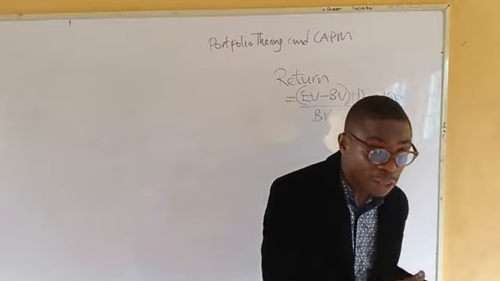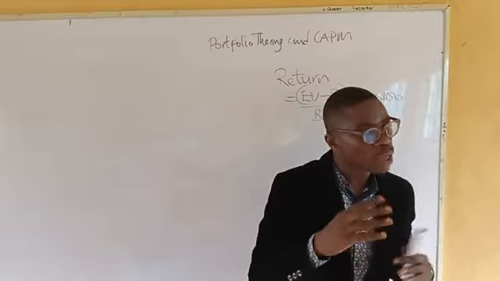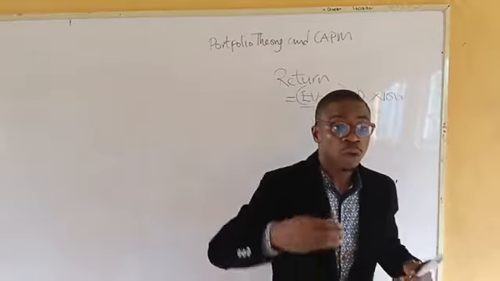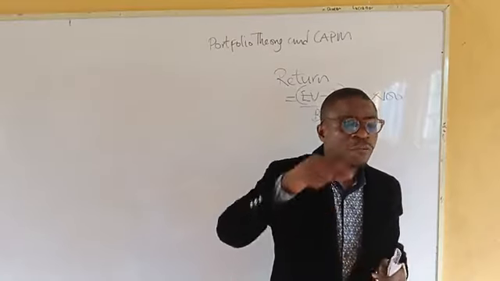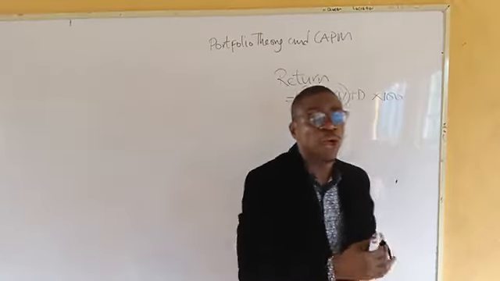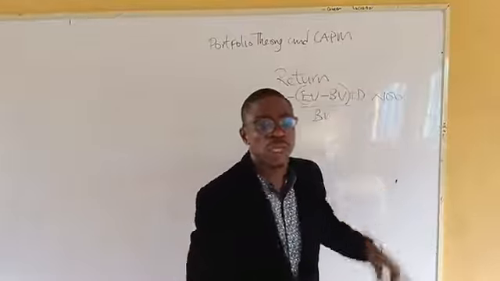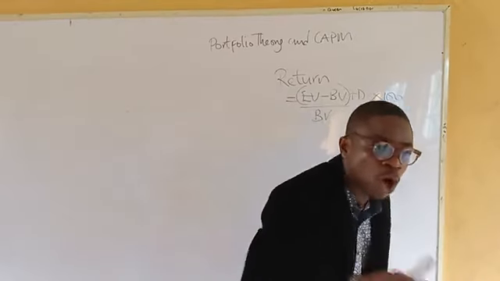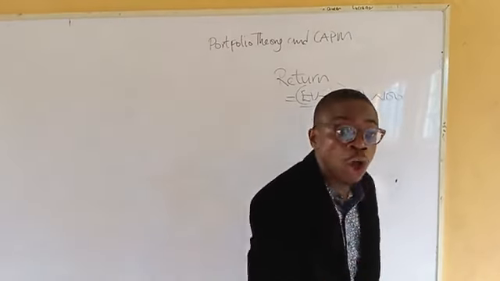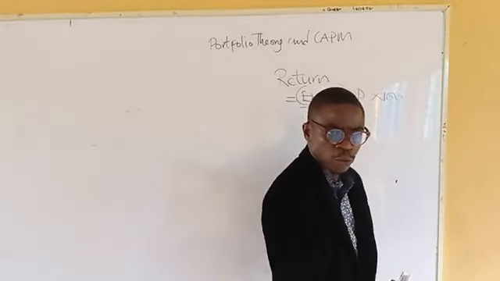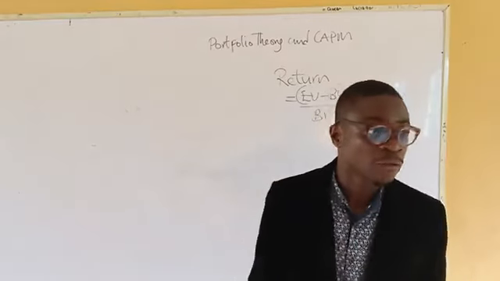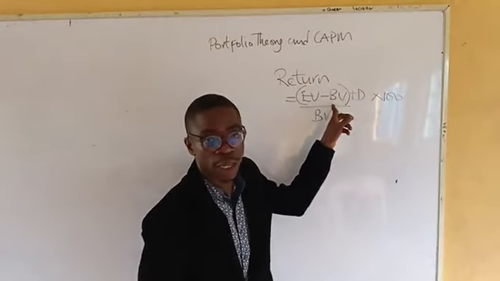There are some companies that don't give on a yearly basis, but they will give you dividends. So if they give you dividends for the period in which you are calculating the total return, that dividend is part of return, because dividends are the reward for investment. That's why we added it together.